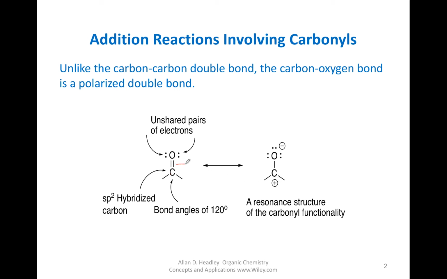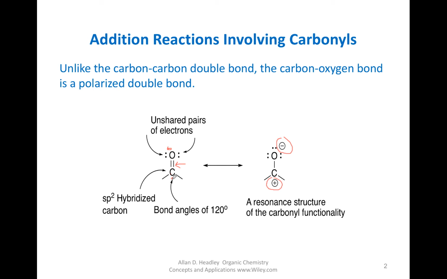Of course, as you know, this bond is described as a covalent bond, and to be more specific, it's a polar covalent bond. Two poles, a negative and a positive, or a partial negative here and a partial positive here.